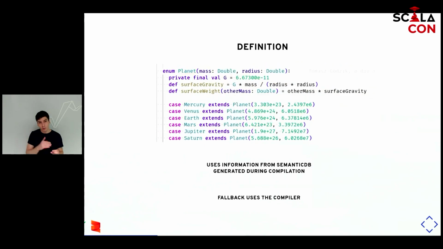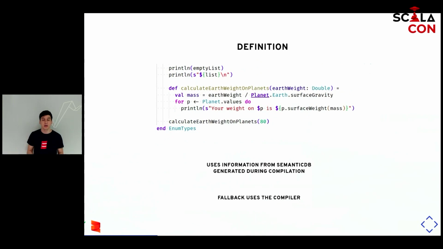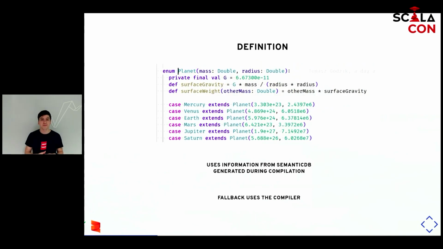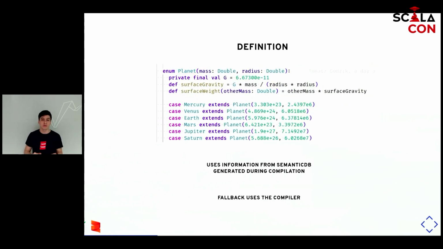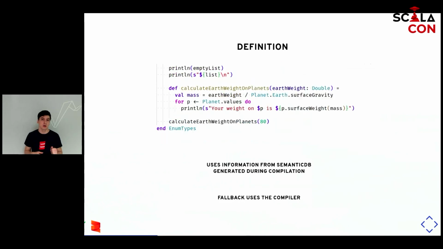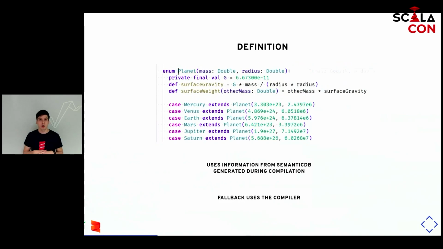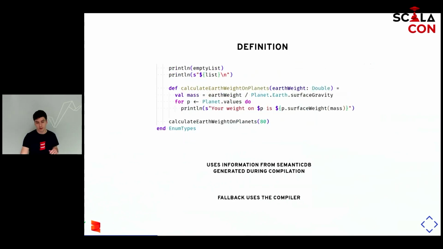We also have a fallback to the compiler, because SemanticDB files are actually created during compilation. So if the compilation hasn't finished, we also support trying to find the go-to definition using the compiler, which can even work on non-compiling code. So we have this kind of a fallback.